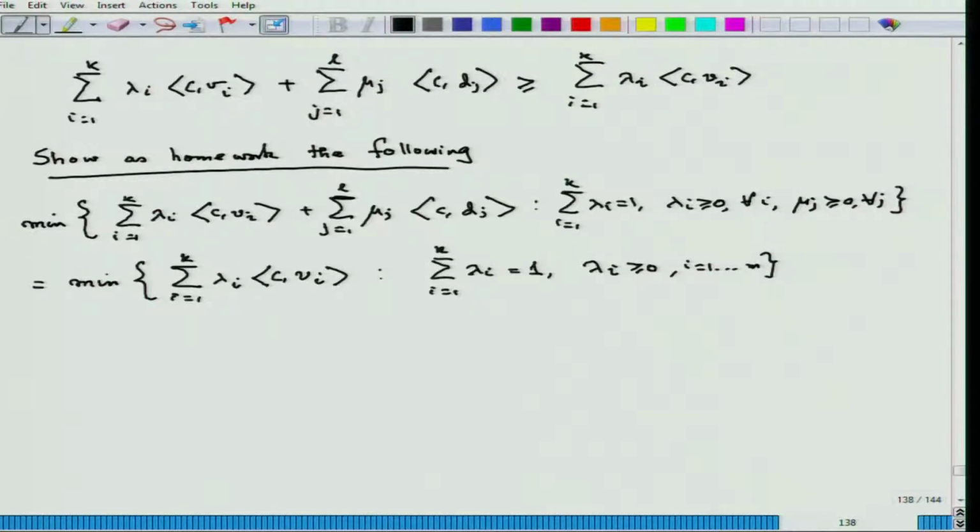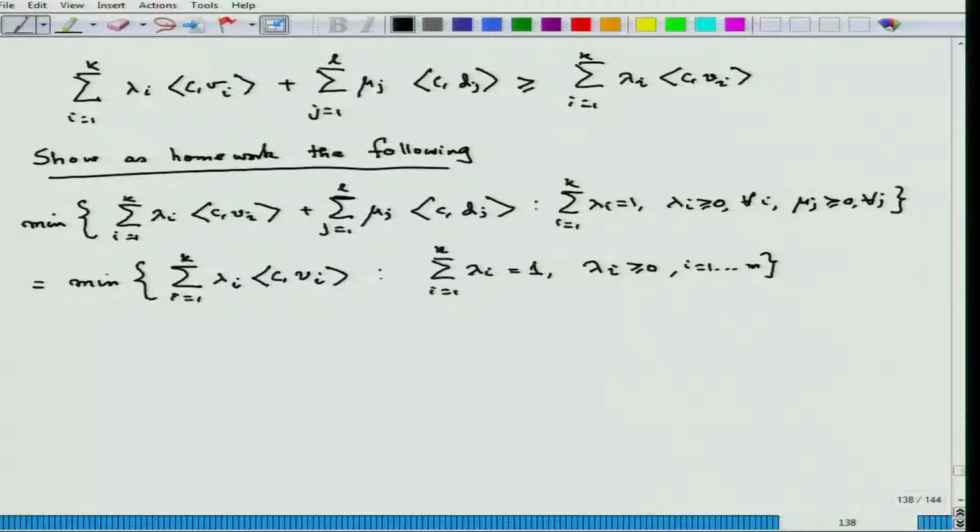So, the minimum of this has to be less than or equal to this for whatever lambda i. Again you minimize, so you get an equality, but I will not do this work for you; you are supposed to do this equality. First note, once I have this, I can operate minima on lambda, mu. Here mu is irrelevant, so the minimum of this is bigger than the minimum of this, fine. But now, for whatever lambda, mu you take, the infimum value is less than or equal to the infimum value of this, because this is nothing but a particular feasible choice, some lambda i's and mu j's all 0.